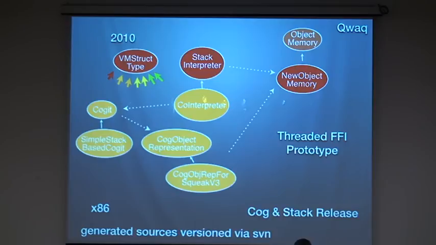What you do is you generate C from the Smalltalk, and then you compile that to produce your VM. And I made the decision that I didn't want that process to be part of the build process. I wanted there to be an intermediate step, which was that when you created the sources, you held on to them and you versioned them, because if you're debugging your VM in production, you need to find that. You don't want to go back to the Monticello package and regenerate sources. There could be any number of reasons why you didn't generate exactly the same code.